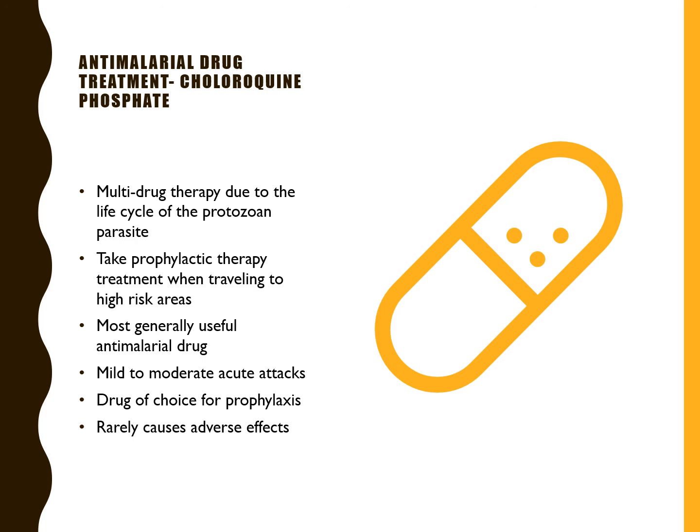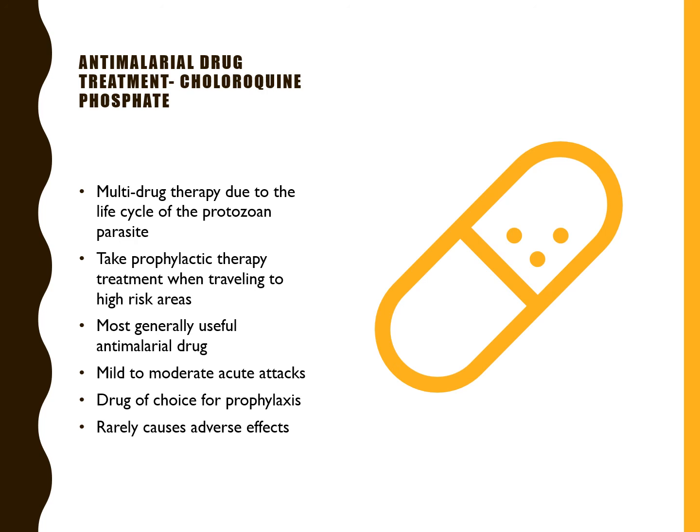It goes through the mosquito as the first host, where the reproduction occurs, and then they distribute it into the bloodstream of the human host, and then it goes through different phases within the human body, and different medications affect the different cycles, if that makes any sense. All you need to remember is that multi-drug therapy use for anti-malarial treatment is due to the life cycle of the protozoan parasite. Okay.